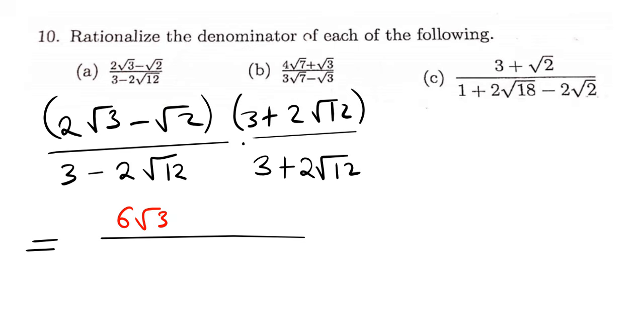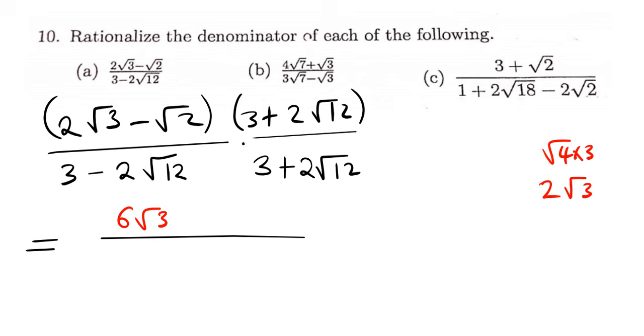So I'm going to have 2 multiplied by 2 root 12. Can we simplify 12? Yes, we can. The square root of 12 is the square root of 4 multiplied by 3, and the square root of 4 is 2, so we get 2 root 3.